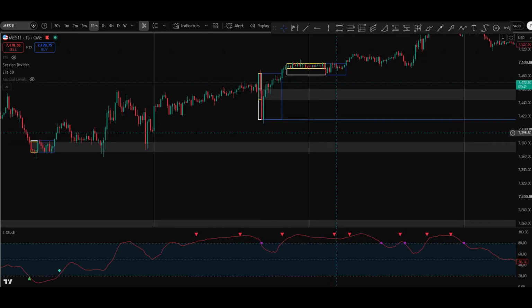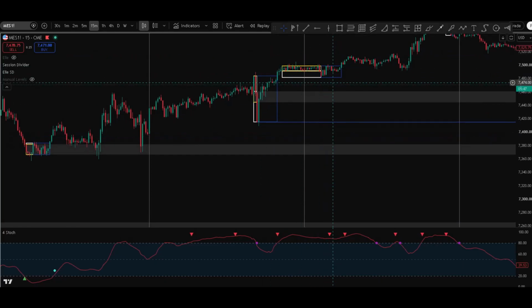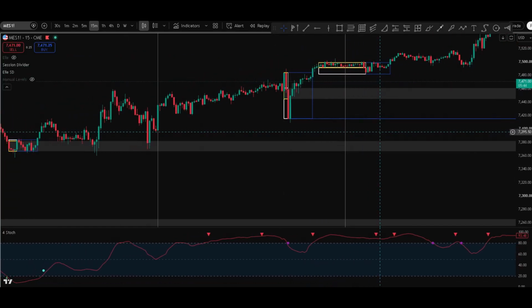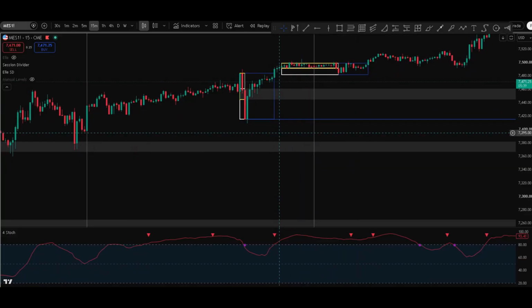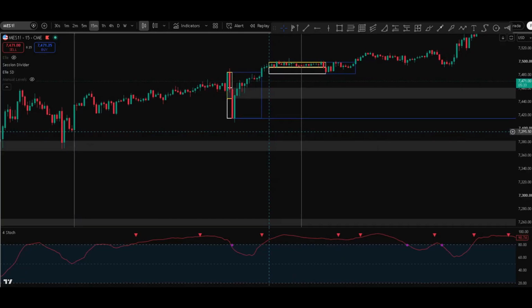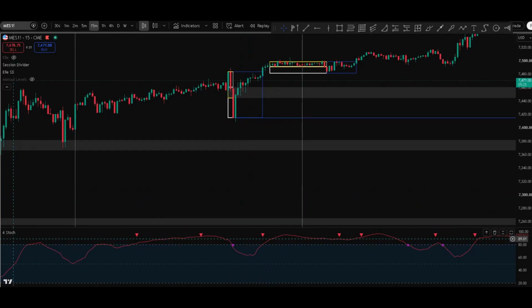So why this containment zone and not this containment zone? Well, this containment zone on the 15-minute chart is acting as a key level of support or resistance because it's doing a very specific thing. If we look down here where it says stoch, that's actually for stochastics.